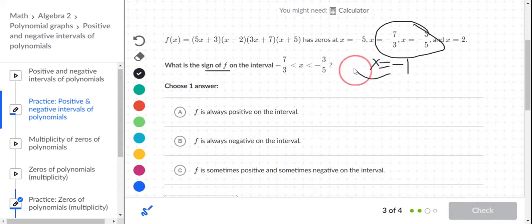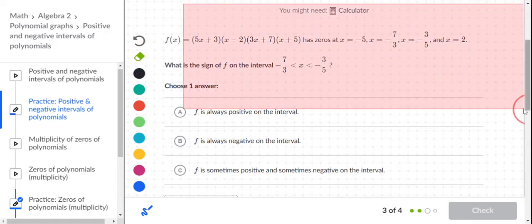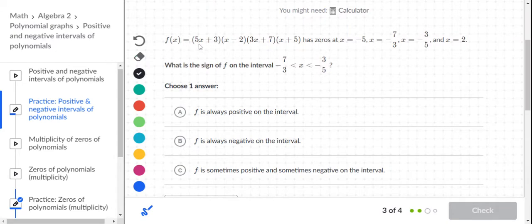If I plug in -1 into all of this, it might look very frightening at first, but let me show you a shortcut. Plugging in -1, what's 5 times -1 plus 3? -2, so that's a negative number. I don't even care what kind of negative number, I just know that it's negative.